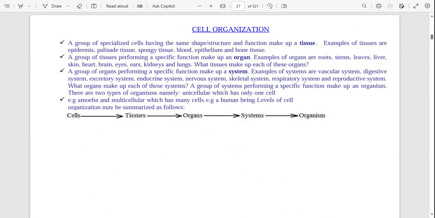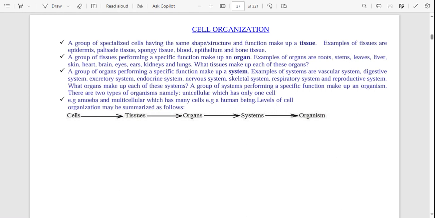And there are four basic types of tissue. But let me just give you examples depending on your level. You are going to have bone. Bone is a tissue which is made up of different cells. You are also going to have epithelium.